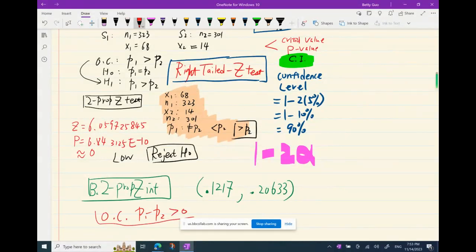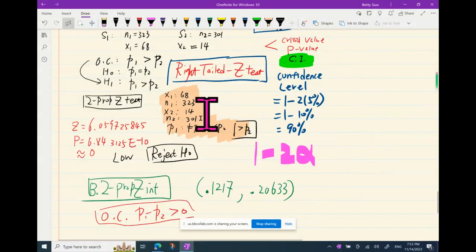Turns out, although in general the confidence interval method is not equivalent to the hypothesis tests, in this specific case they do have a consistent result.